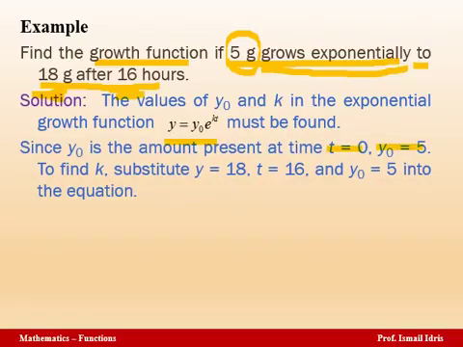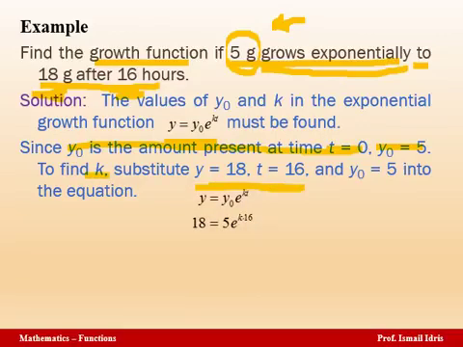So this is the y naught. Again, y naught is the amount present at time t equals 0, so it is 5, as it is given here. The second given is what? We know that y is 18, the amount is 18, when the time is 16. We use this information to find k.